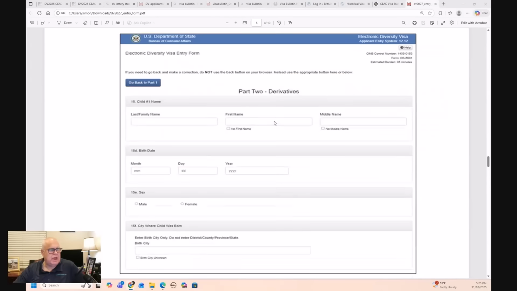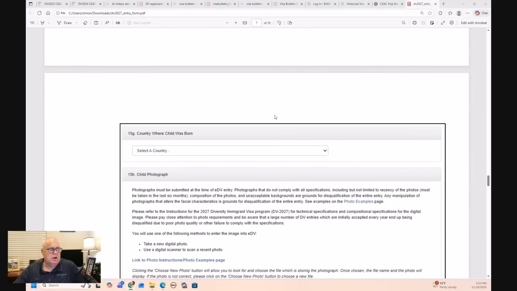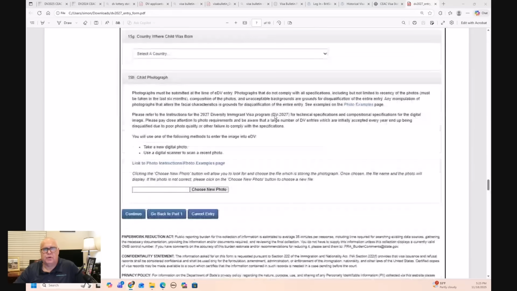And then we have the derivatives page, where you enter the children's information or the spouse's information. You have to upload the photo for the children and the spouse. You can only have one spouse, by the way. I've just spoken to someone the other day who entered his 3 wives.